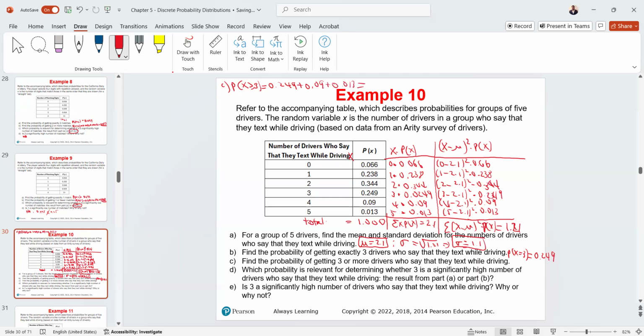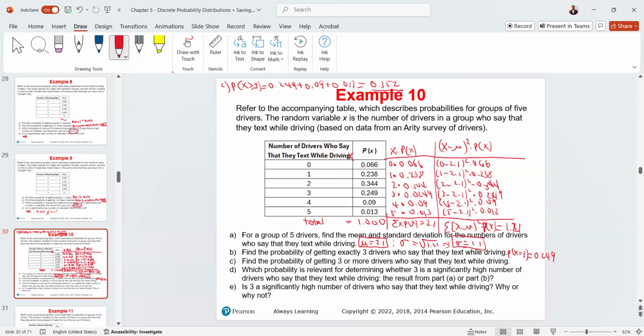What is this probability again? It's 0.352. Okay, that's C.